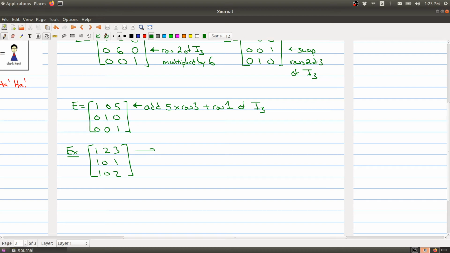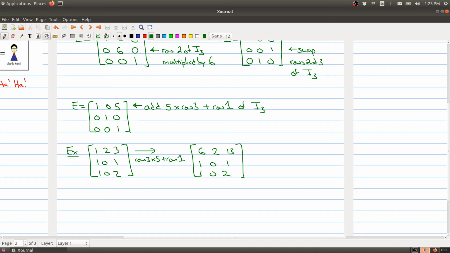I want to take row 3 times 5 plus row 1. That's a valid row operation. If I were to do that, I would get 5 plus 1, so 6 up here. 5 times 0 plus 2 is 2. 5 times 2 is 10, plus 3 is 13, and I'm not changing the rest of the matrix.